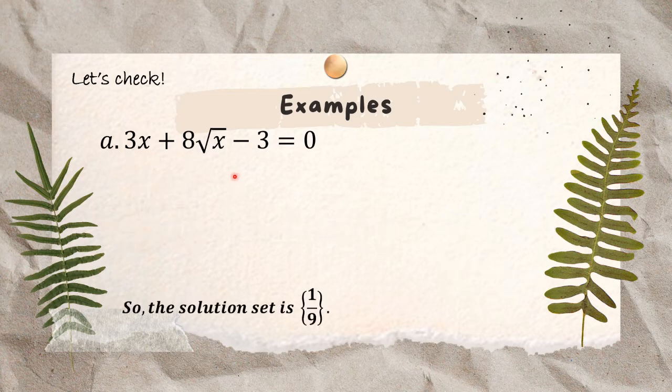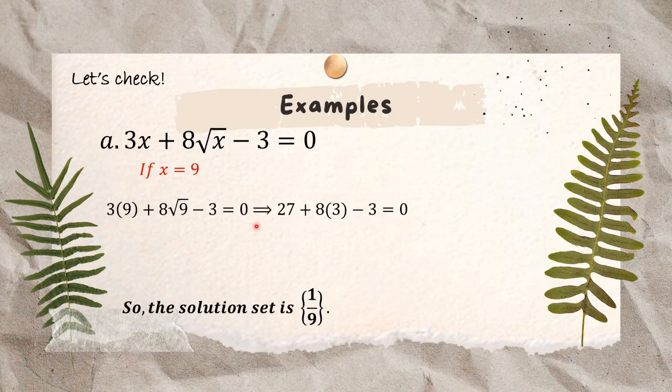And if we have x is equal to 9, since we found also that the value of x is equal to 9, let's check po. If x is equal to 9, we have 3 times 9 plus 8 square root of 9 minus 3 is equal to 0. And then 3 times 9 is equal to 27 and square root of 9 is 3 times 8 is 24. It became like this po: 24 minus 3.